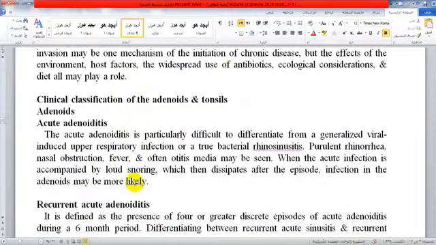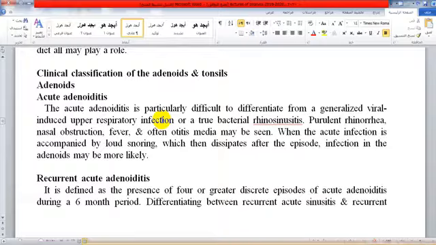Now we go to the clinical classification of the adenoids and the tonsils. First of all is the adenoids. Acute adenoiditis. The acute adenoiditis is particularly difficult to differentiate from a generalized viral-induced upper respiratory infection or a true bacterial rhinosinusitis.